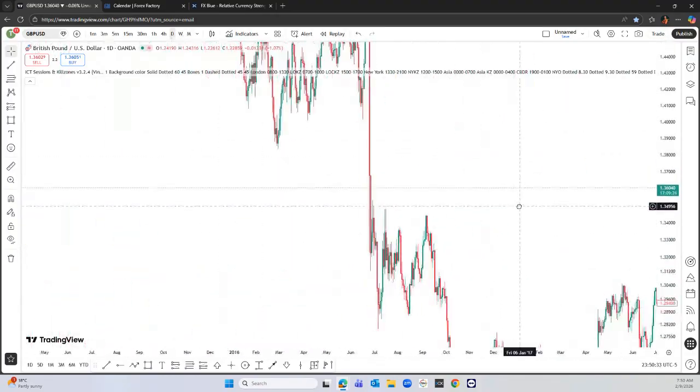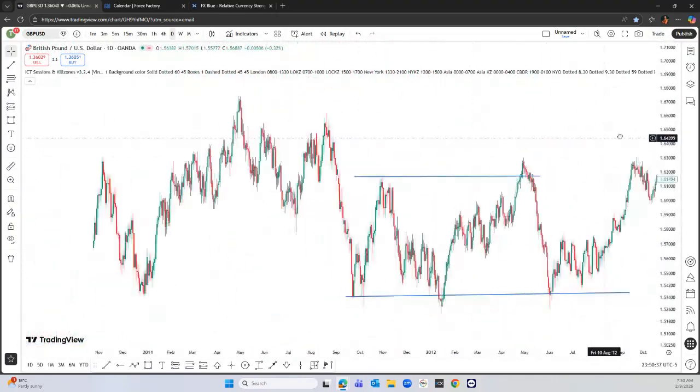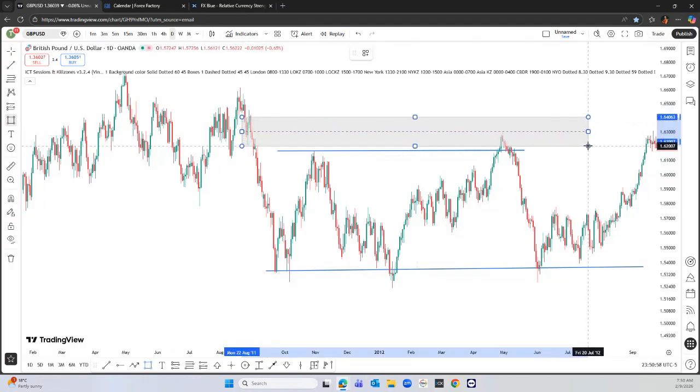Let's look at another example. If you draw a line from this perspective, you will be taken out. So the best thing to do is to draw this as a zone like that.